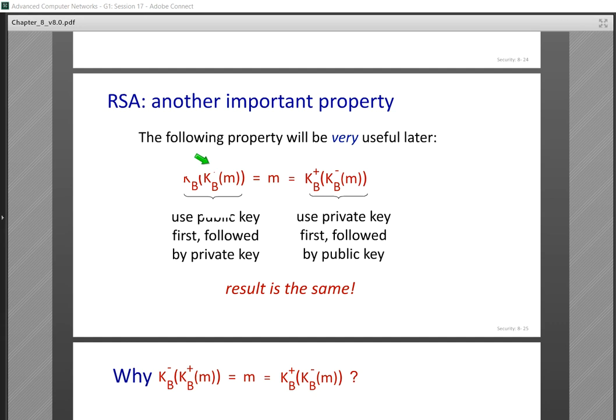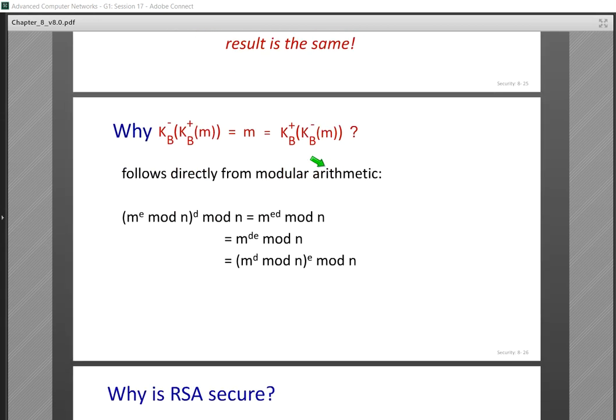M is encrypted by the public one and then decrypted by the private one, or here it's not important. I'm applying the public key over the private key. This one here is very interesting.